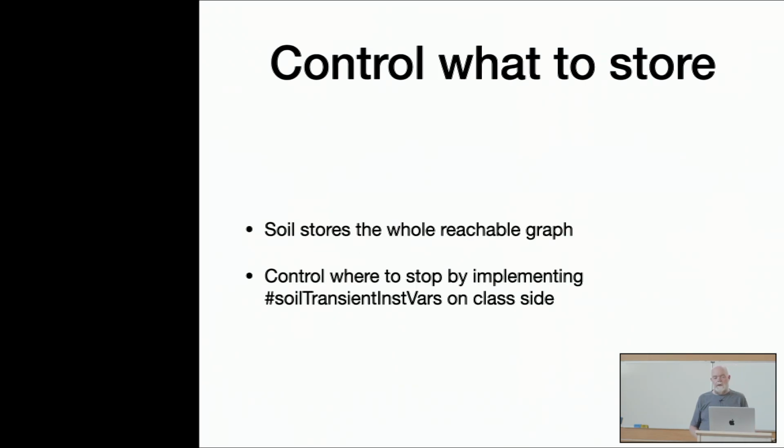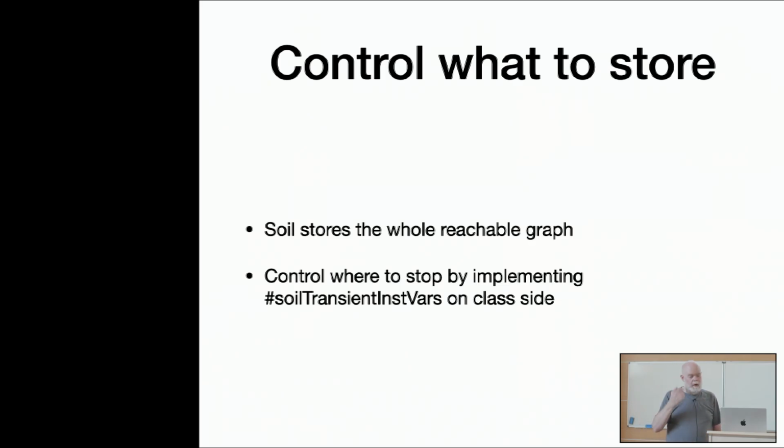And Soil actually stores the full reachable graph of your model that you put as a root. This, of course, means that you need to be able to control where you want to stop storing it.